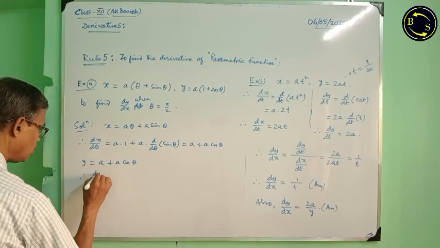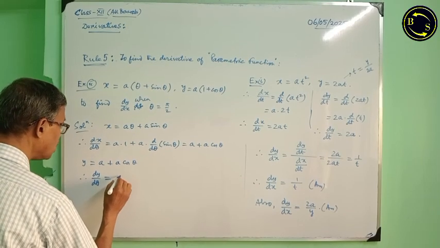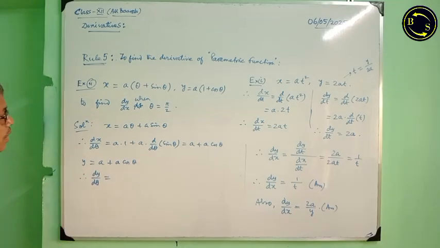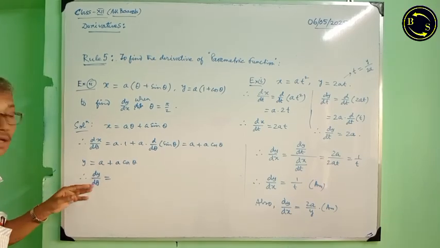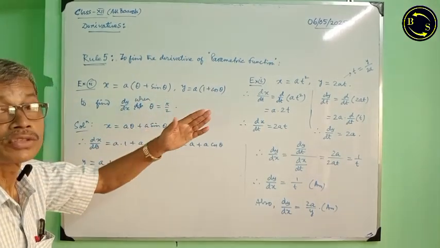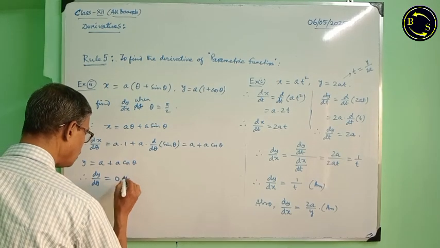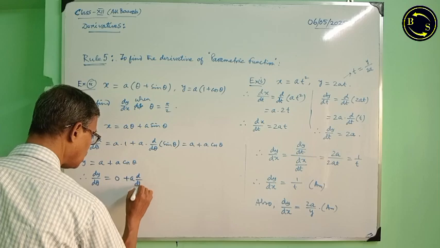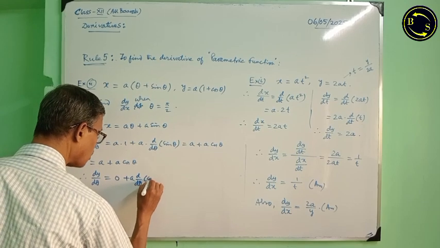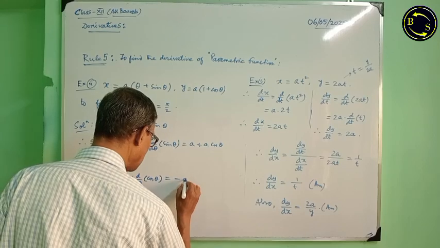Therefore, dy/dθ is equal to derivative of a with respect to theta. With respect to theta, a is constant. Therefore, the first part will be 0, then a into d/dθ of cos theta, minus a sin theta.